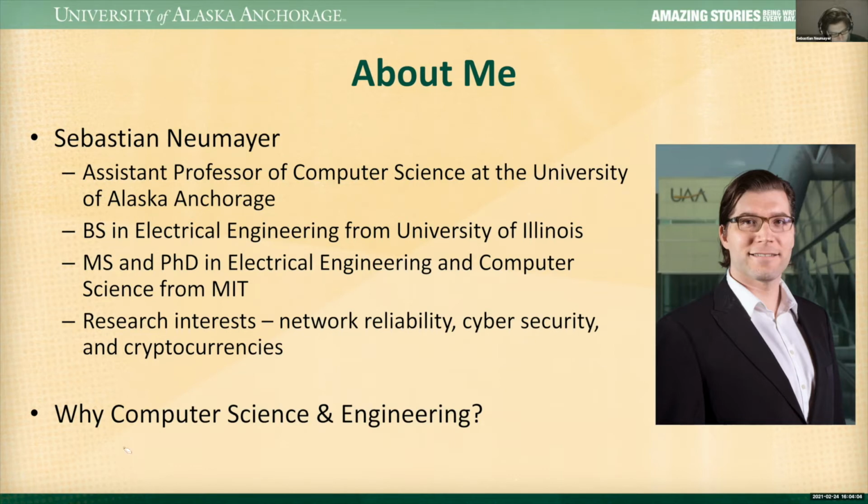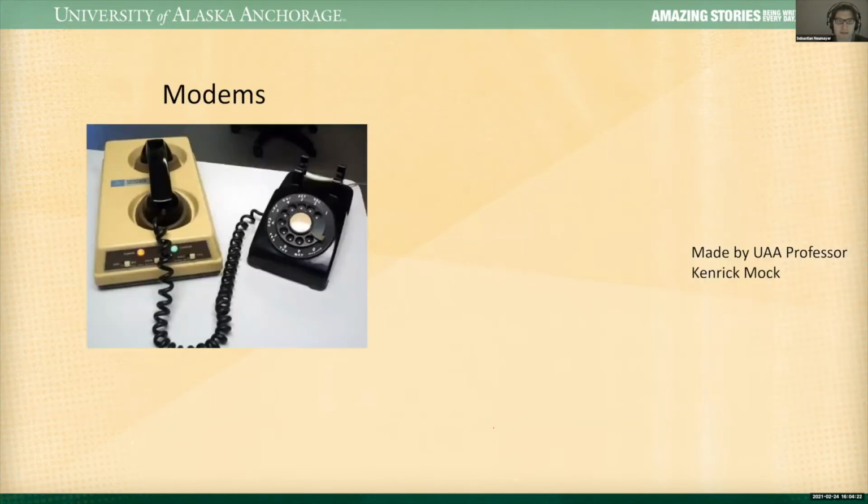We are going to talk about really what computer science and engineering is. So I'm first going to give you a flavor of some of the stuff that you would see as a computer scientist. Computer science is really all about data. You want to transfer data, say, from one location to another. A couple of decades ago, the way you would do that is you would have a modem, and the computer signal would go over a telephone line.